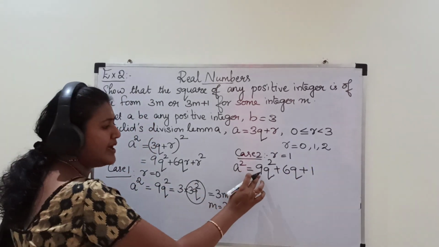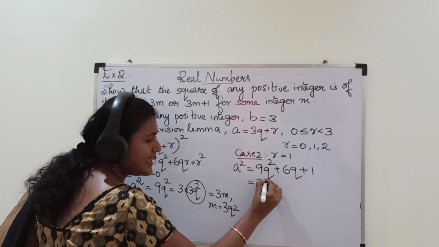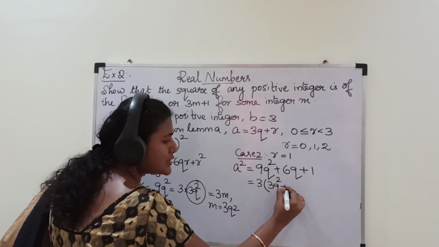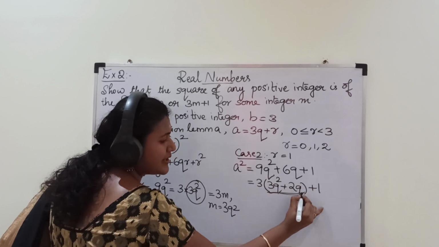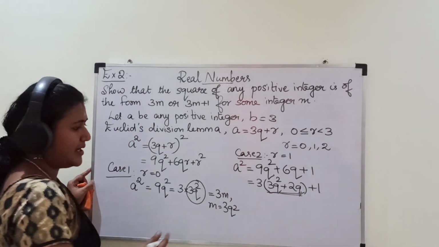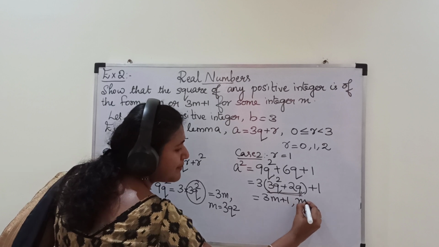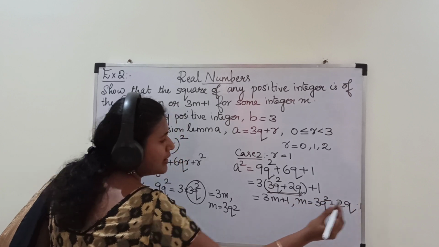Here from the first two terms, we can take 3 common. So we get 3 into 3q square plus 2q, plus 1. Here this expression we will denote by m. So we got the form 3m plus 1, where m is equal to 3q square plus 2q.